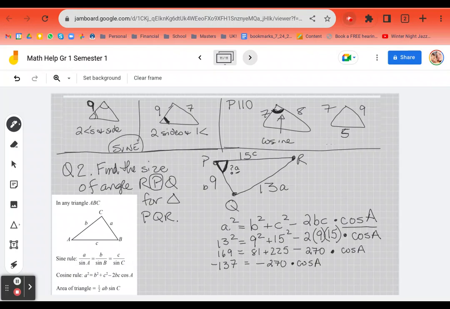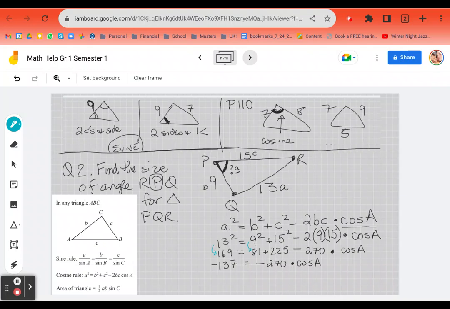Okay, so I haven't finished my calculations yet, but I want to show you where I'm at so far. So I have 13 squared is 169. We know that. 9 squared is 81. We know that. 15 squared is 225. We know that. Minus 2 times 9 times 15 is negative 270 times the cosine of A. So now we're going to try to isolate A or make A the subject.